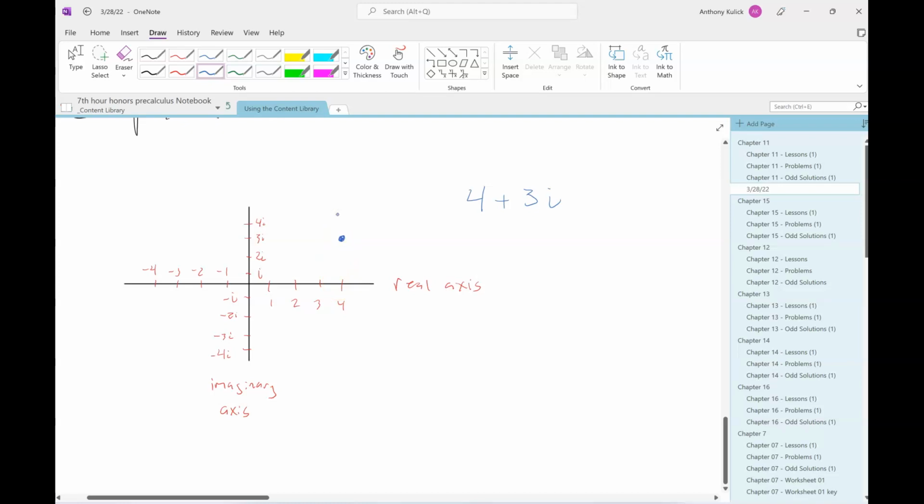And there's 4 plus 3i. And let's say maybe we have -2 plus i. To plot this one, I'm just going to go 2 to the left on the real axis and 1 up on the imaginary axis. And there's -2 plus i. Everybody feel okay with that idea?